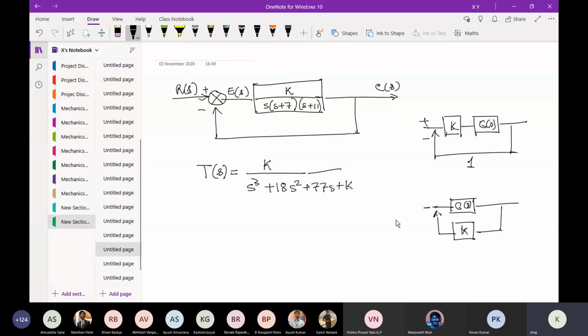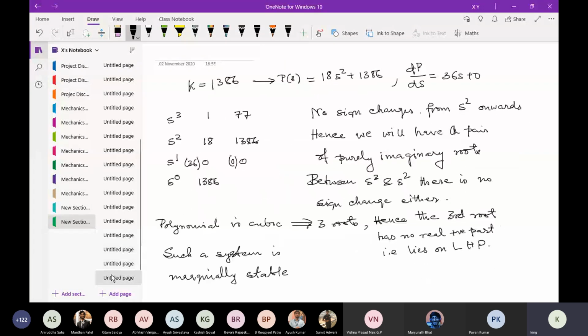So whenever you do this kind of a thing, say in this case, you are going to get GS by, so you will have to figure out the range of K. Also a trick question that you might often face is, okay, what is the value of K so that the system oscillates continuously?